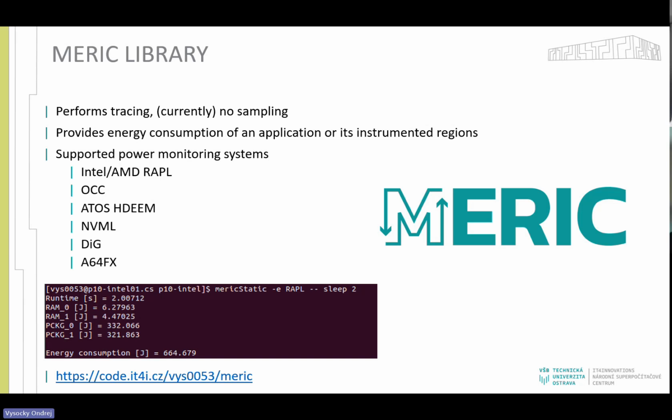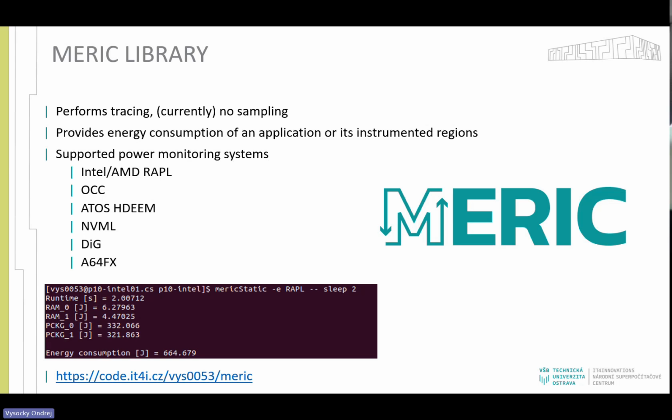So as an example, measuring energy consumed during 2 seconds of idle hardware on some Intel CPU, 2 CPUs actually, package 0 and 1. It gives you the information directly from the various power domains, and also the overall energy consumption.